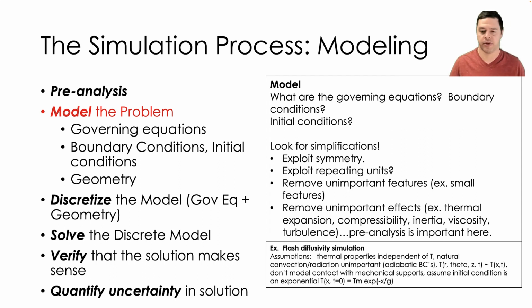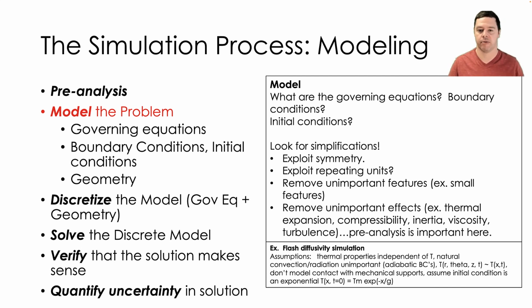If I'm only using small delta T's in my analysis, then I can leave out temperature-dependent properties, which effectively means that the models I use get to be linear instead of nonlinear. By neglecting natural convection and radiation and removing those from my model, I can use simpler boundary conditions like adiabatic boundary conditions in a flash diffusivity simulation.